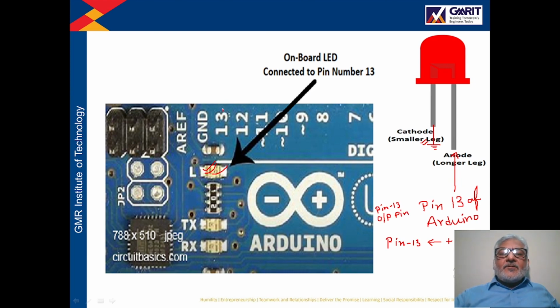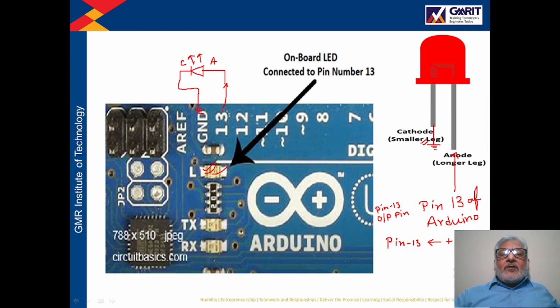So this pin is output pin here, and this is connected to anode of the LED, right? So if you draw the symbol in this way, this is your anode and this is your cathode, and cathode is internally permanently connected to this ground, right? It is ground.